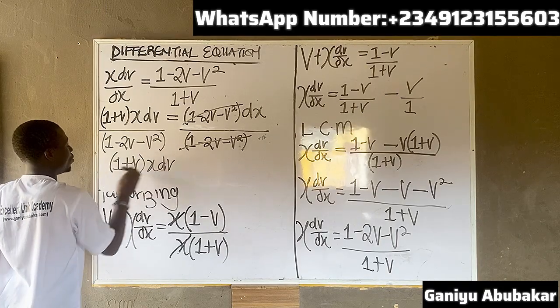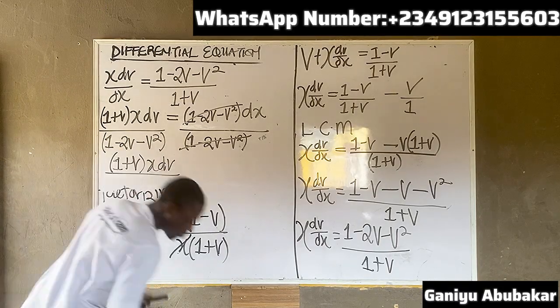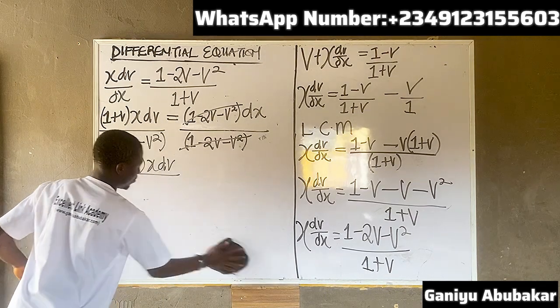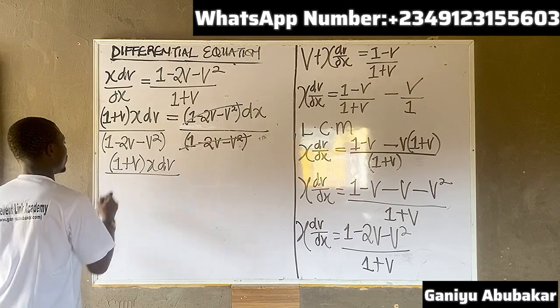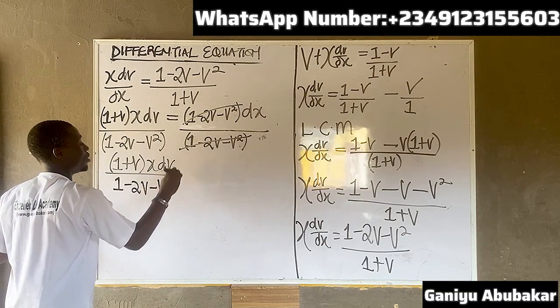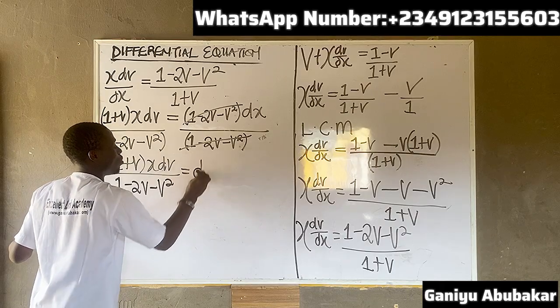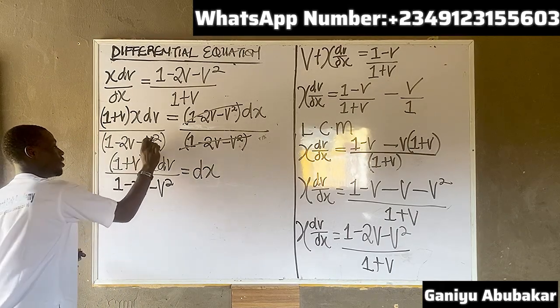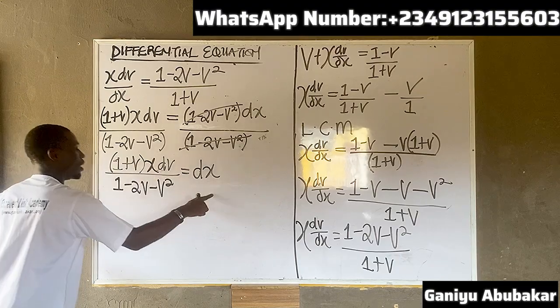x dv all over 1 minus 2v minus v squared equals dx. So just bring this x down here.